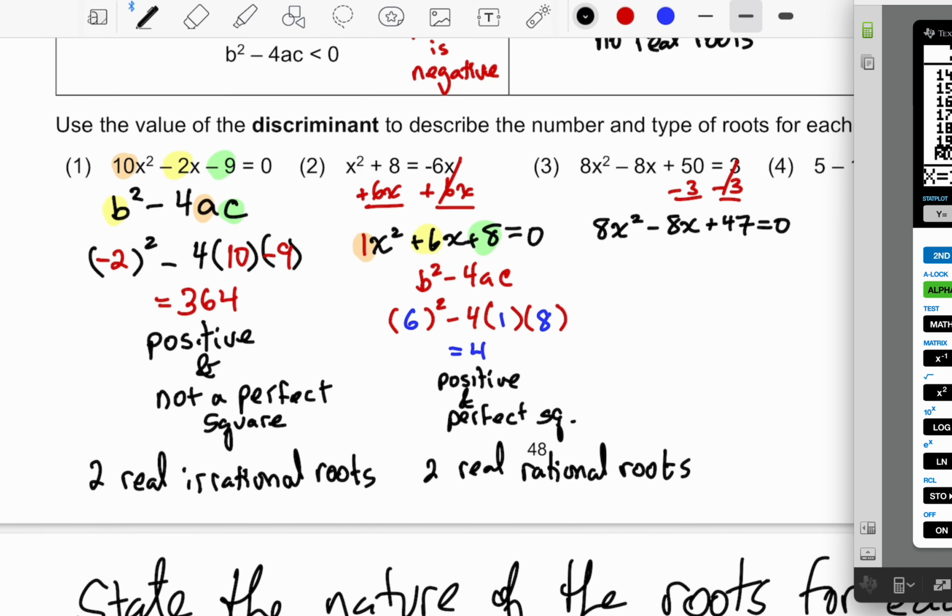Down the line, it's probably too early to talk about this, but when you're in Algebra 2, you're going to have to solve equations that are in quadratic form, but the variable won't be x anymore. It'll be something more complicated, like a trig function, like the sine of x, or a logarithm.